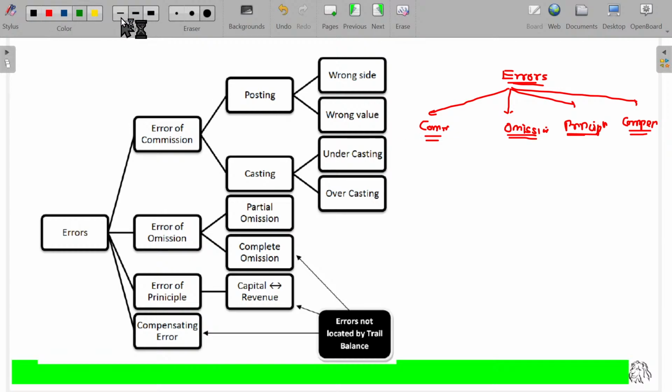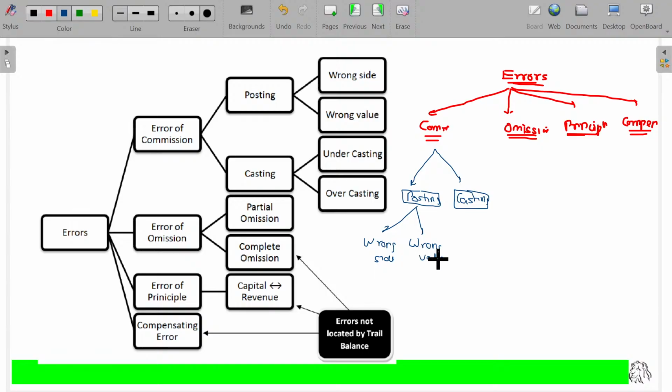This error of commission will be of two varieties. One is posting, another one is casting. Posting error and casting error. In case of posting, again we have two subdivisions: wrong side and wrong value.